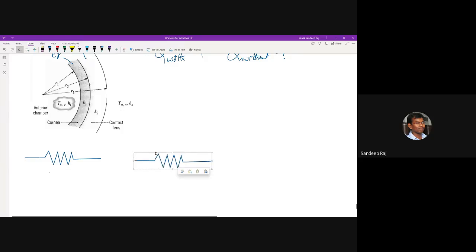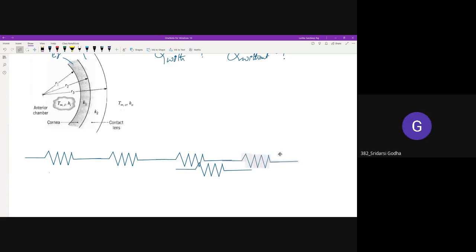You may refer to that Google Doc. Yeah, how many resistances? 4. 4 for with or without? With the lens.